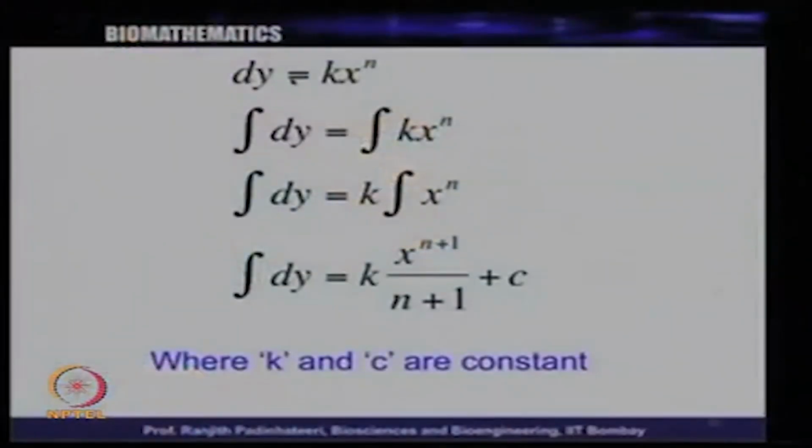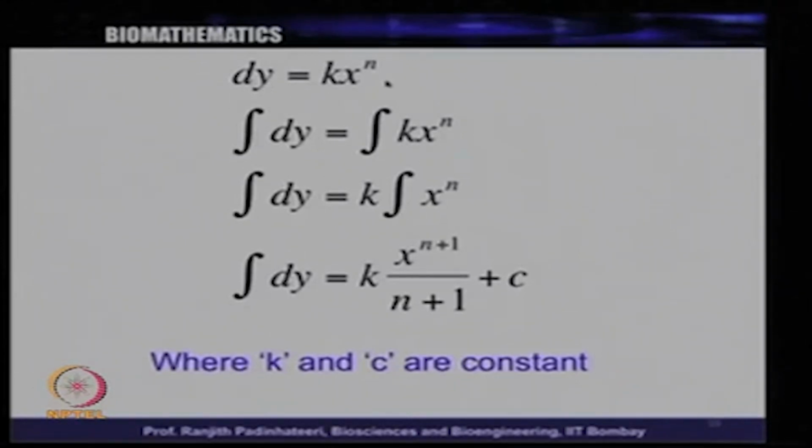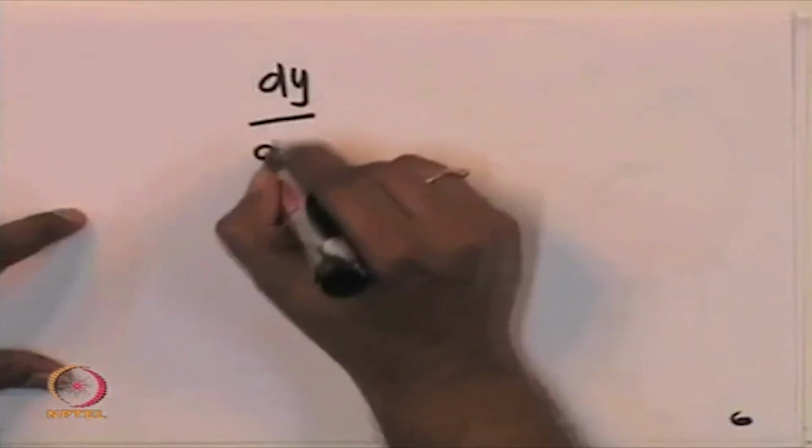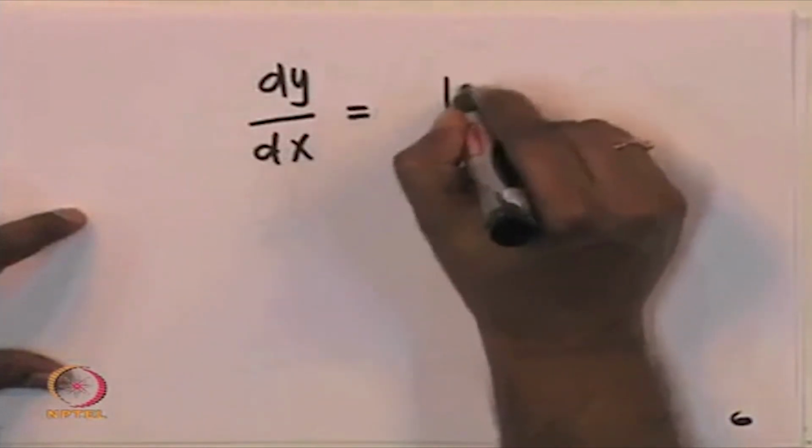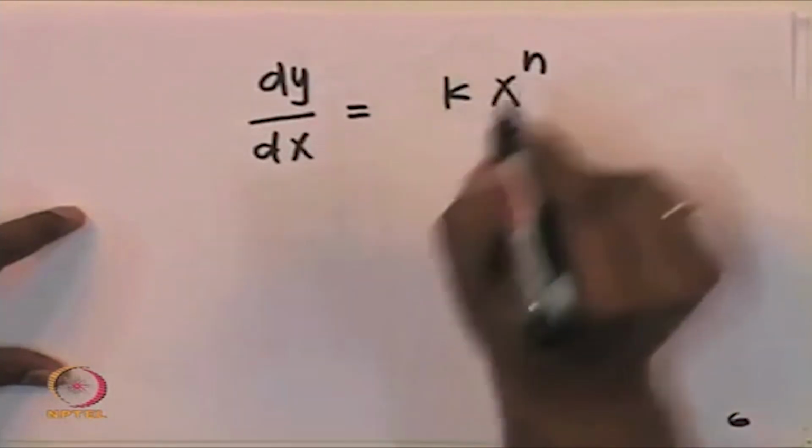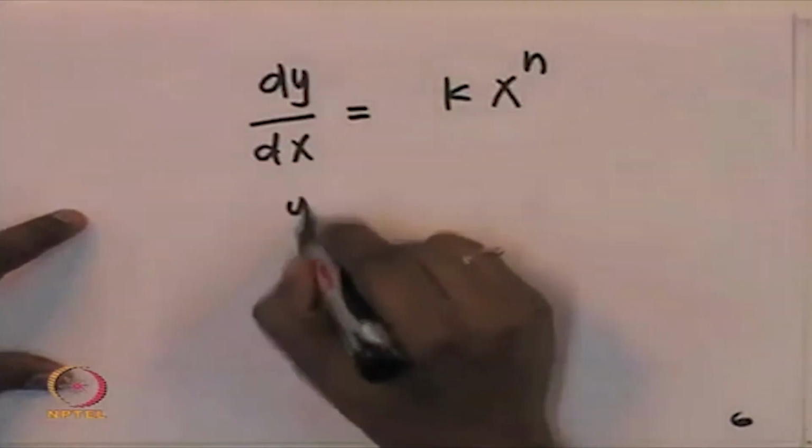We can do similar things here, but just before that we have to know one more thing: if we have dy by dx is k x power n. So here also I want to write dy by dx is k x power n. Then what is y?